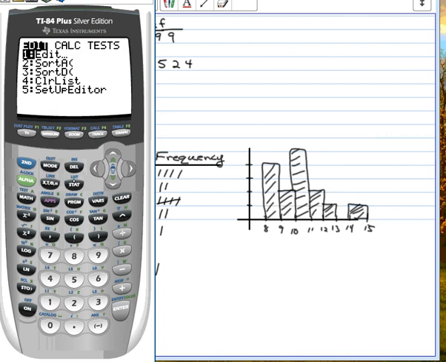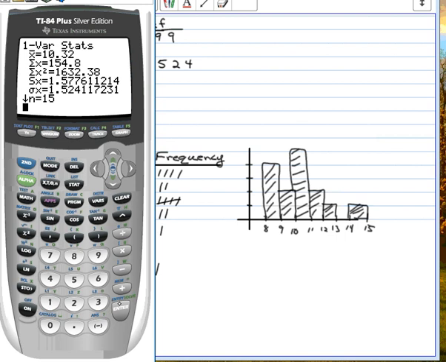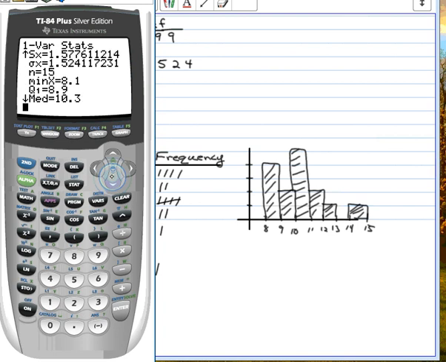Let's see, stat, calculate one variable statistics. So, what's the mean? 10.32. The median? What's the median? 10.3.